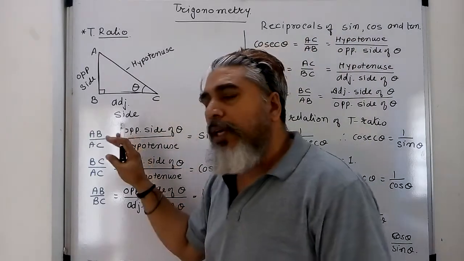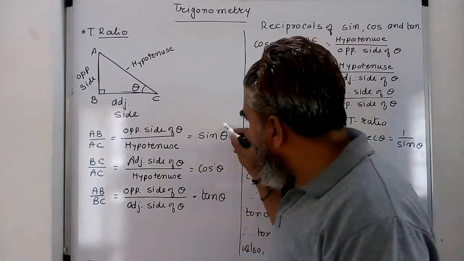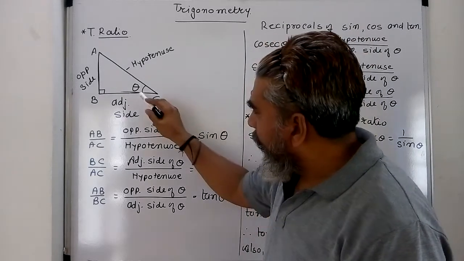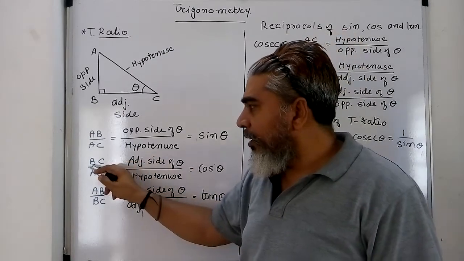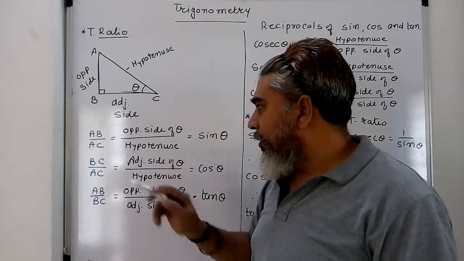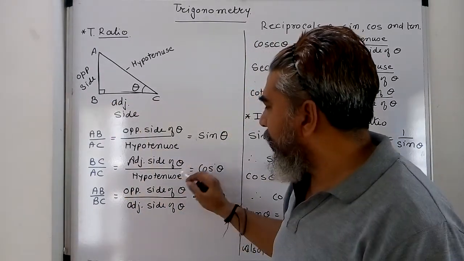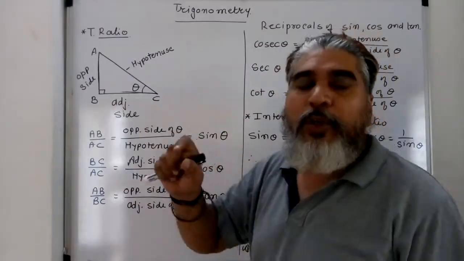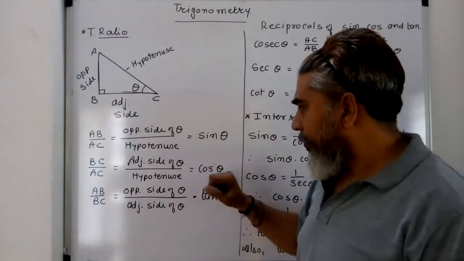This ratio is considered sin theta. Here theta is an angle, whatever the measure of the angle is. Another ratio, BC upon AC, that is the adjacent side of the angle divided by hypotenuse, is considered cosine, whose short form is written cos theta.